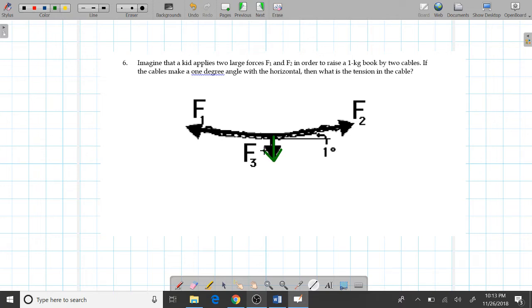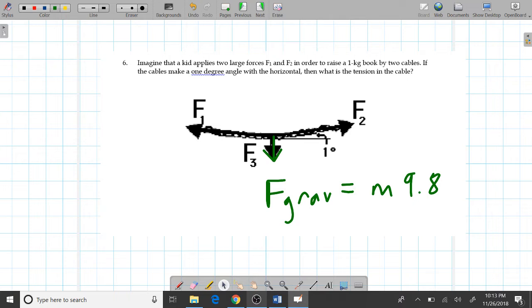Okay, guys, if you remember, the equation for the force of gravity is this: the force of gravity is equal to mass times 9.8. If the book has a mass of 1 kilogram, in order to find the value of the force of gravity, all I do is multiply mass times 9.8.